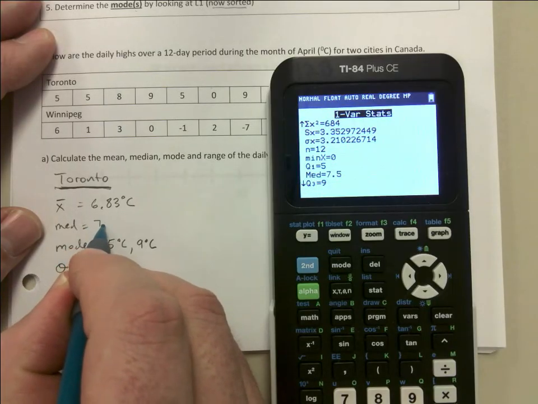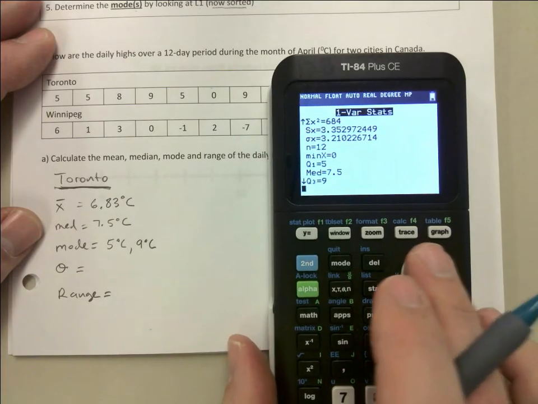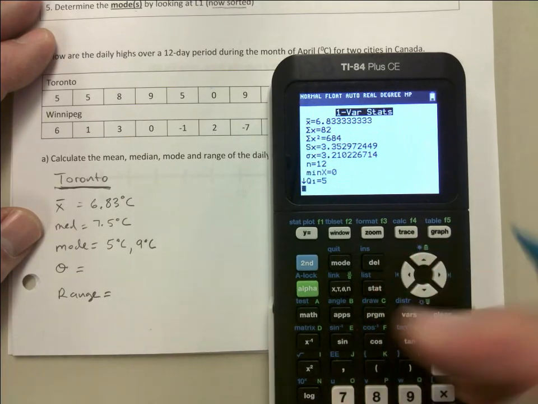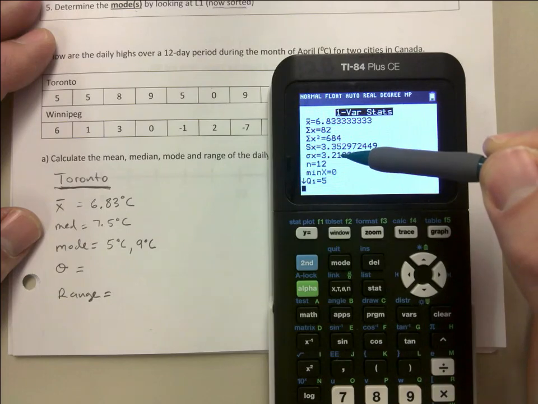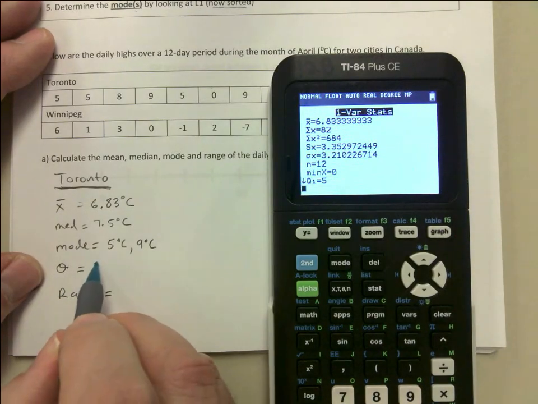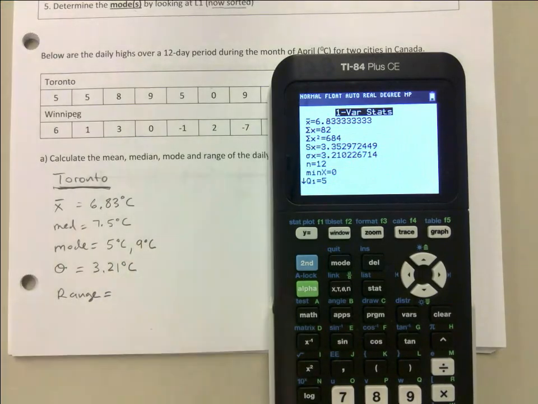So median is 7.5 degrees Celsius. And let's find our standard deviation. Standard deviation is this one right here, 3.21. Everything has Celsius, Celsius, Celsius. Okay.